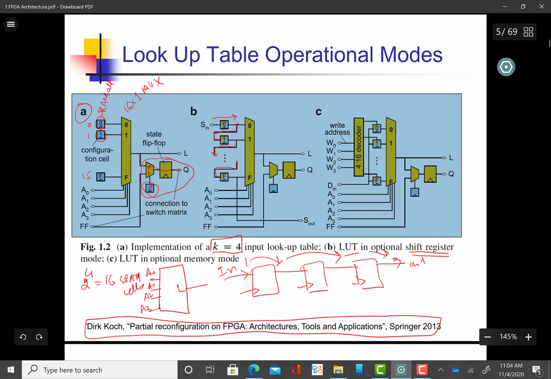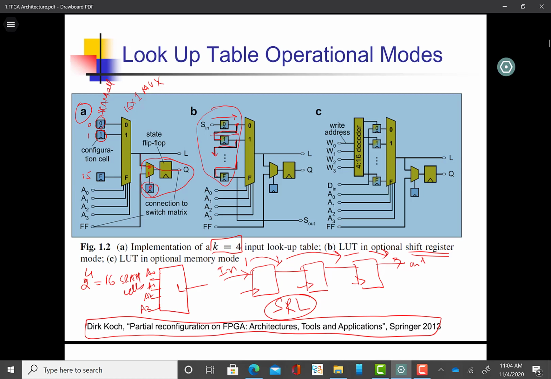In the second cycle, it will go here, and you can form a chain of these flip-flops. So the lookup tables in Xilinx FPGAs can implement a shift register. Sometimes they are called SRLs. These shift registers in Xilinx language are called SRLs.